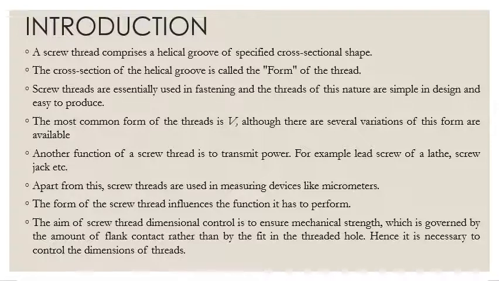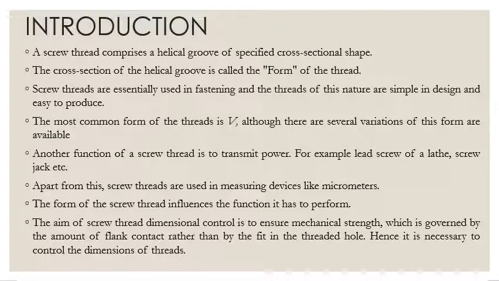Whereas when there is a screw thread with a square cross section, that is a square screw thread, it generally has better mechanical stability. So that's why it can sustain a load better compared to V screw threads. That is what it is intended to function.